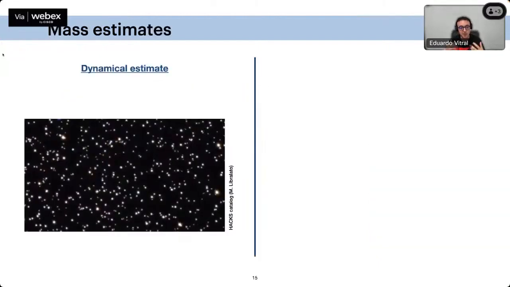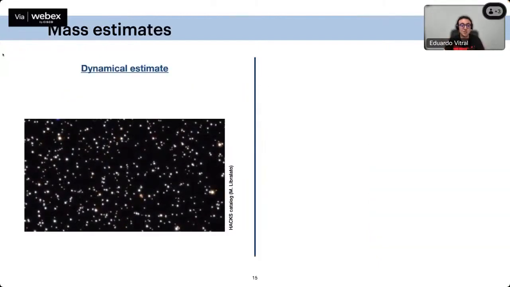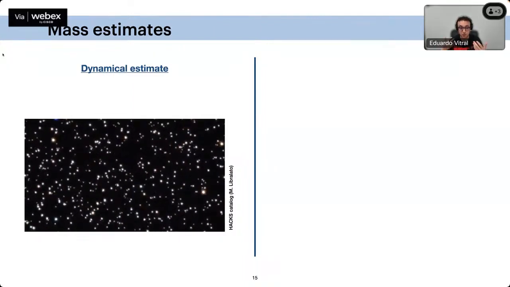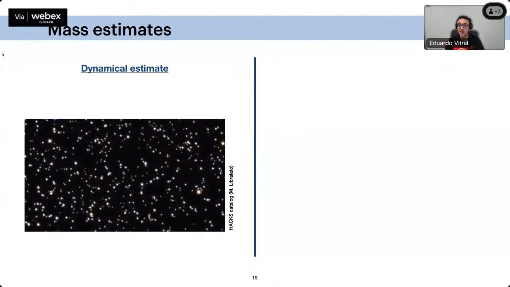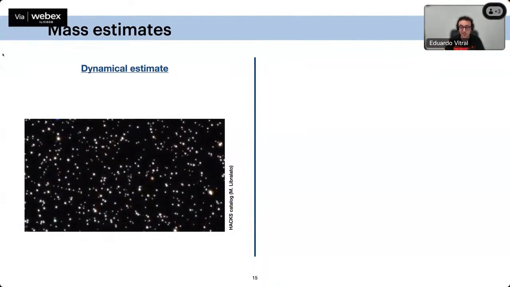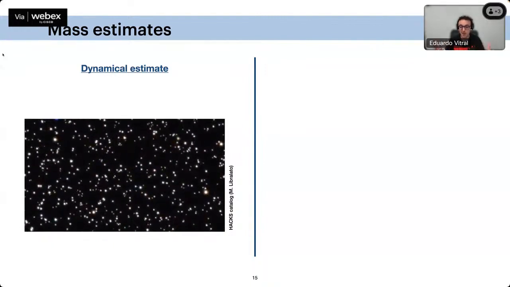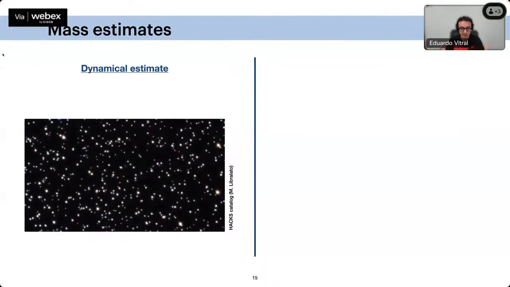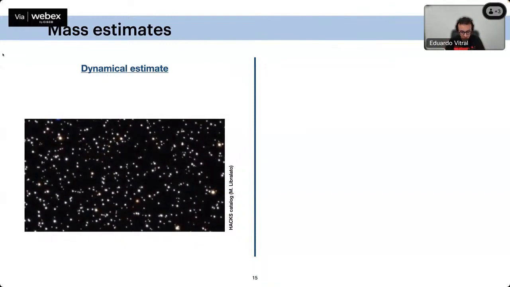And this kind of measurement of mass that takes into account the motions of stars due to the influence of gravity is called a dynamical mass estimate. And the term dynamics actually comes from physics whenever you have these forces interacting and generating some bodies to accelerate.